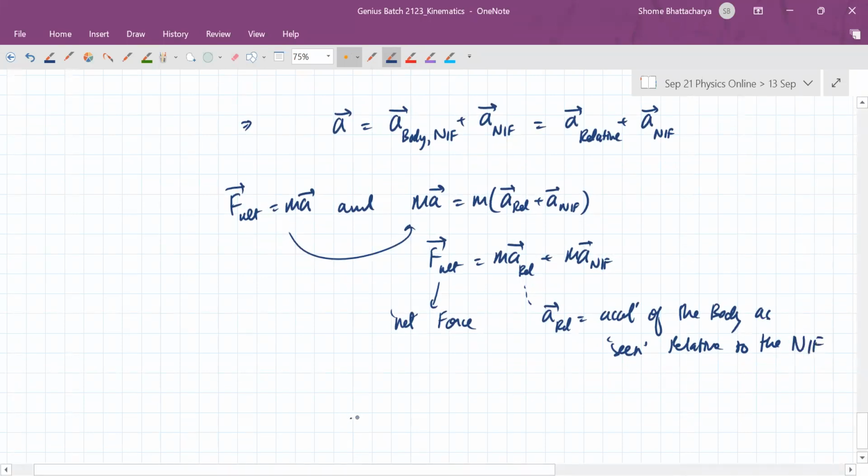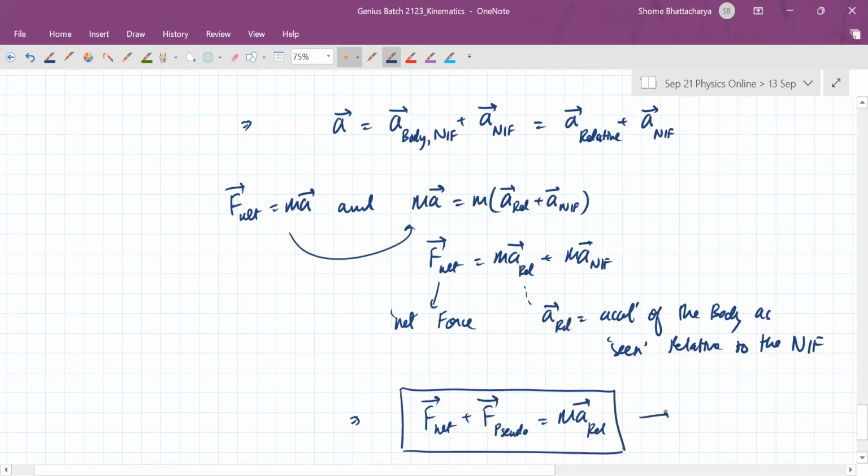So the above equation converts like this, that F net plus pseudo force is equal to mass into acceleration as seen in the non-inertial frame. So this becomes the equivalent of Newton's second law in the non-inertial frame.